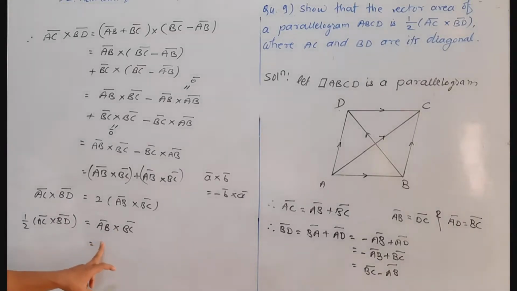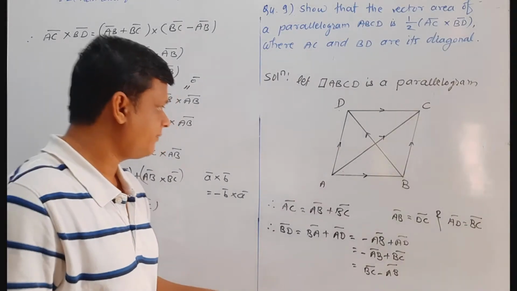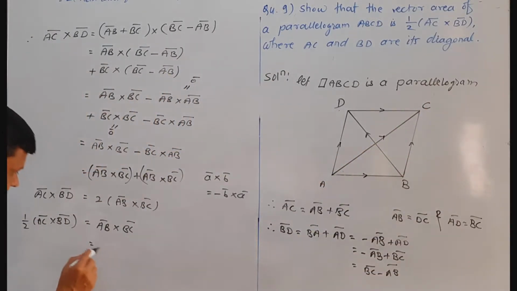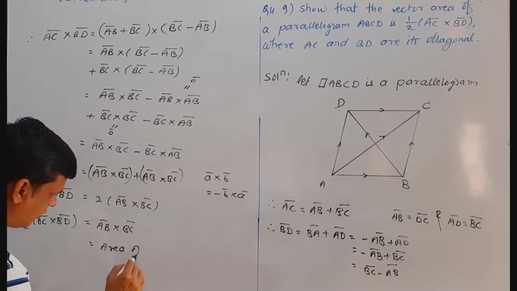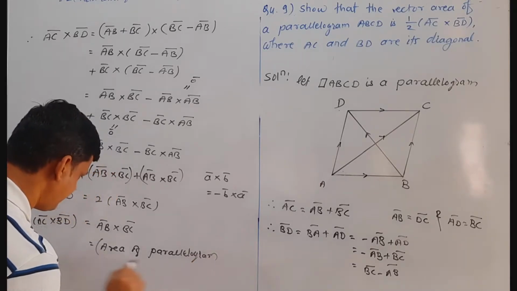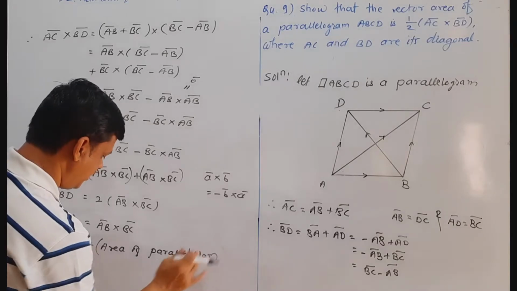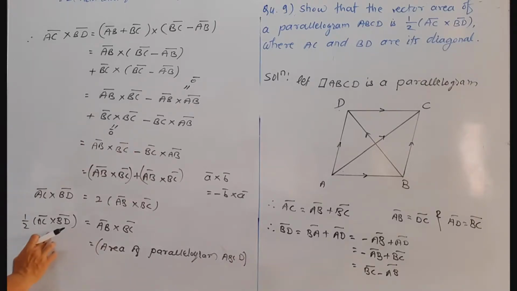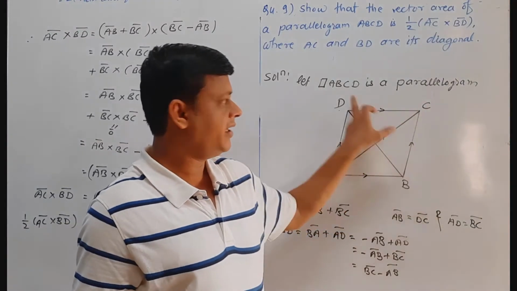Now this is the area of the parallelogram, and AB and BC are two adjacent sides. So this is the area of parallelogram ABCD, but AC and BD are the diagonals.